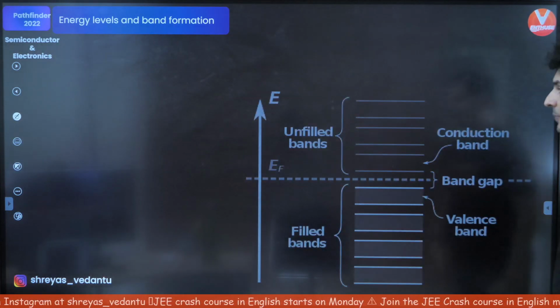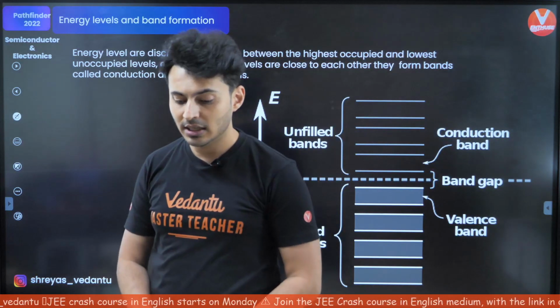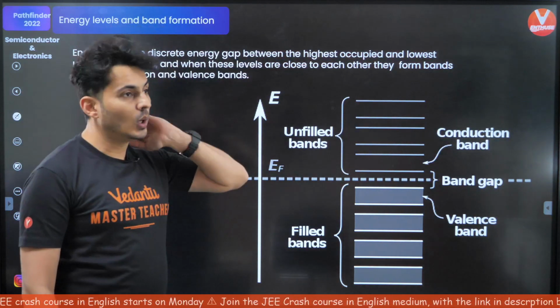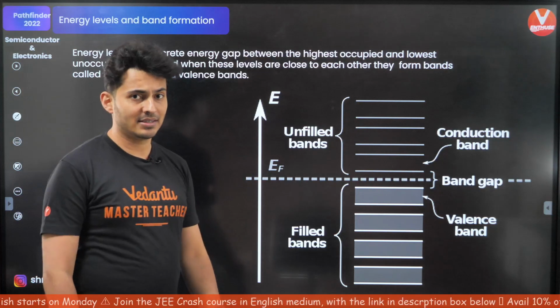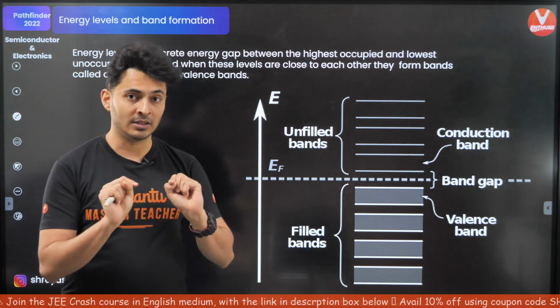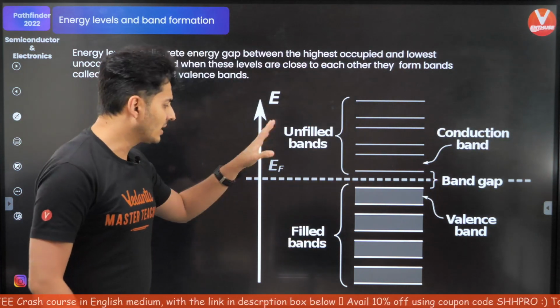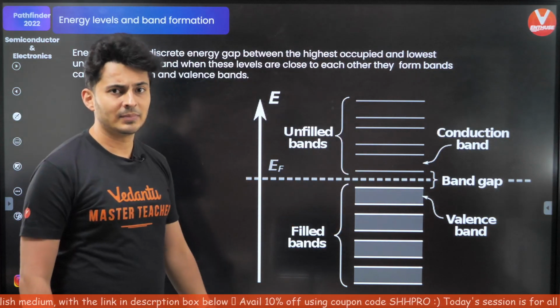Everybody gets this point? So this is very important for all of us because we are going to define now two kinds of energy bands. Now that you know what is energy band, let's define two different kinds of energy bands. The ones which are completely filled, the ones which are partially or just unfilled.